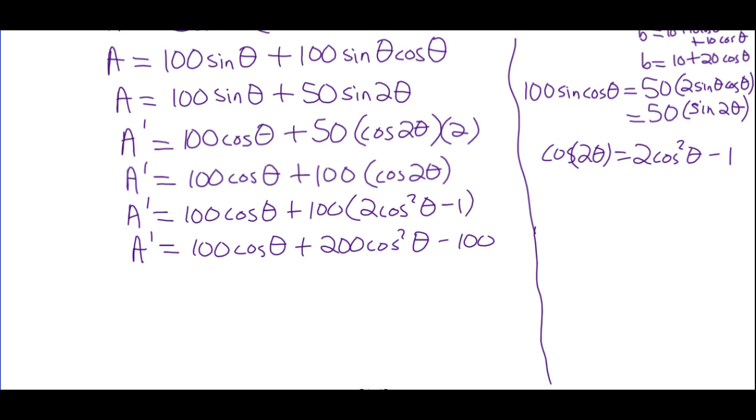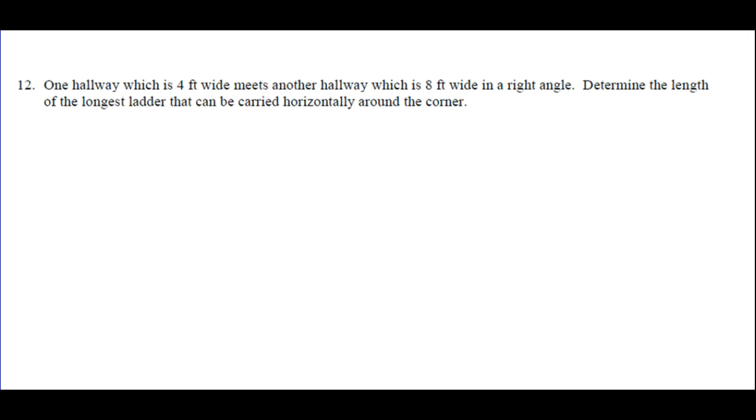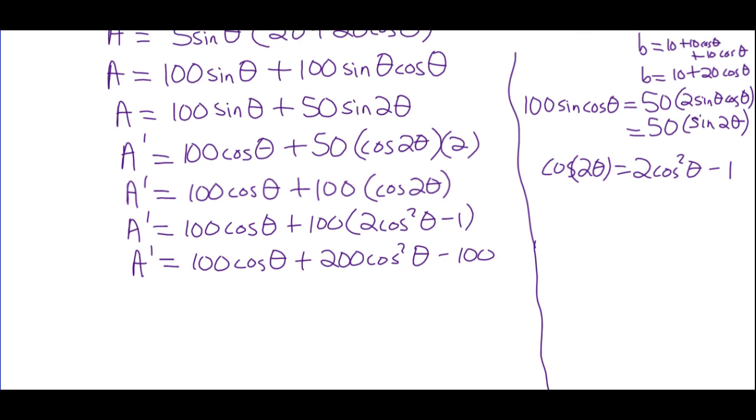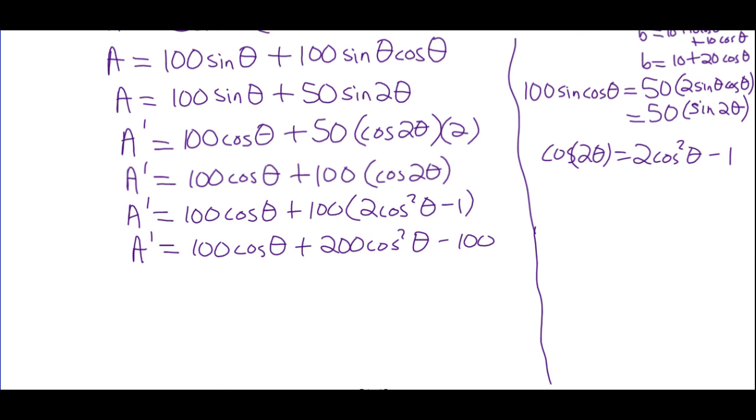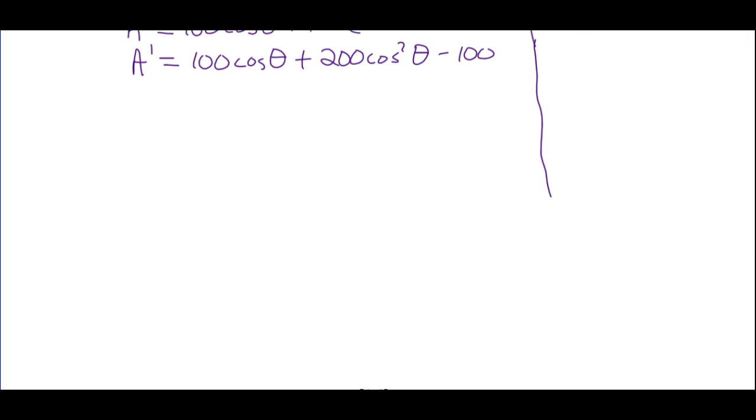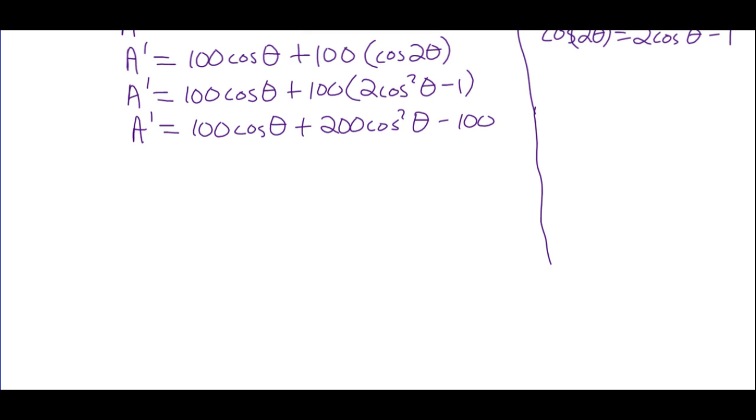And what do we do? Well, we're going to set that equal to 0, right? And probably extend the page, yes. Okay, so 0 is equal to, and then let's write this so it actually looks quadratic: 200 cos squared theta plus 100 cos theta minus 100.